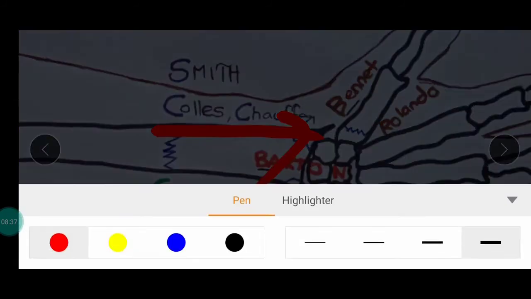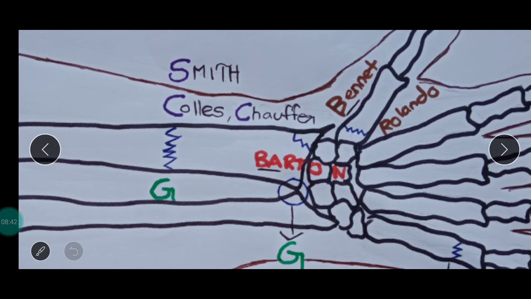Once again, you can see this is Colles fracture. From this side, when we move distally, the portion that we come to is the radial styloid process. So just remember that C and C are at the same level. Colles fracture and Chauffeur's fracture are not at the same site, but at the same level.